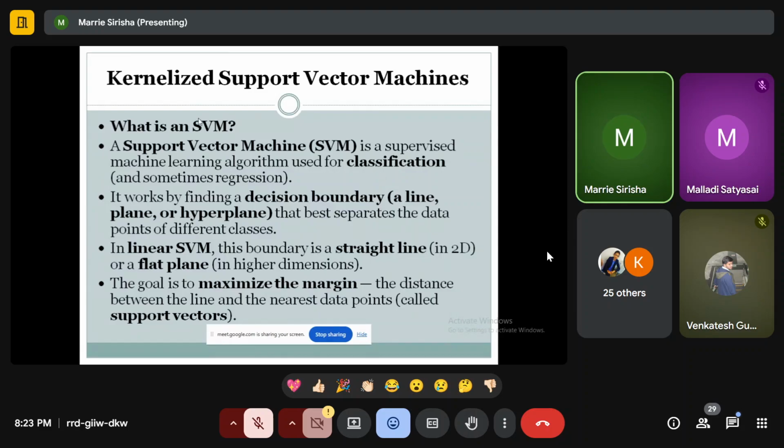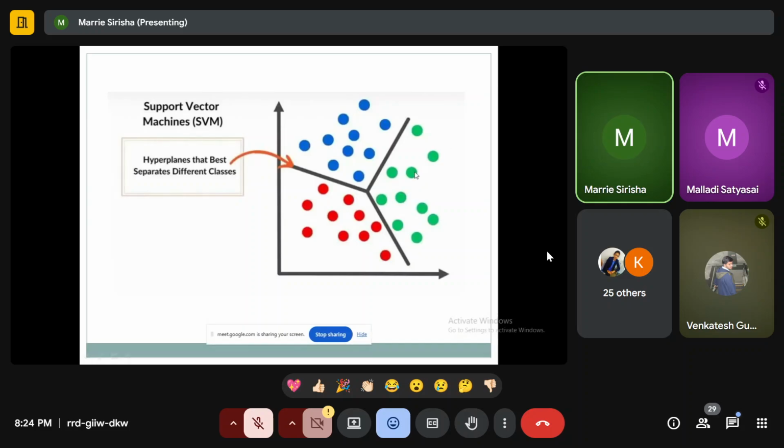In linear SVM, this boundary is a straight line, that is 2D. And in higher dimension, if the line is a hyperplane, you can also call it 3D, because this is not a straight line, right? You have three categories and it is like a hyper shape of a hyperplane. So this is a 3D kind of thing.